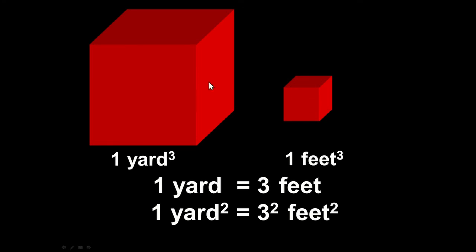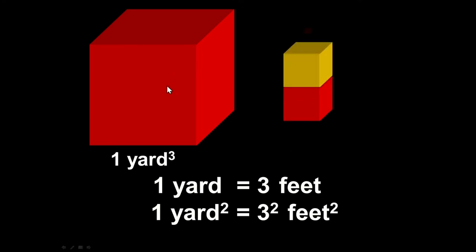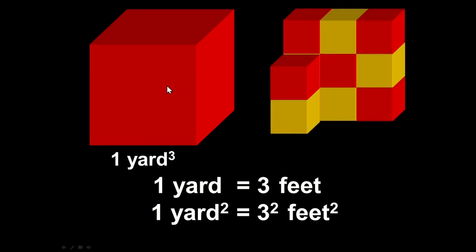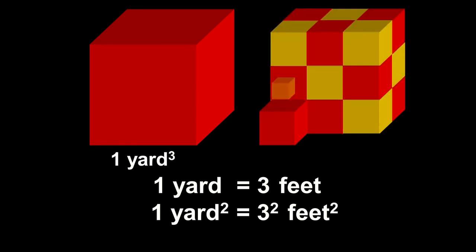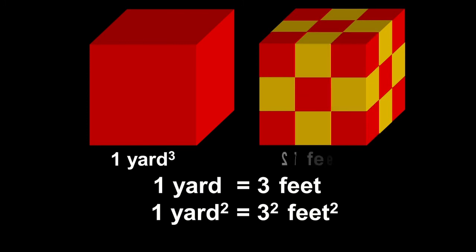There's not 3 of these that fit into there. Not 9 of them that fit into there, but we count them all up like this, and we get 27 of those cubic feet. 27 cubic feet would be the same thing as 1 cubic yard, because 1 yard by 1 yard by 1 yard is the same thing as 3 feet by 3 feet by 3 feet.